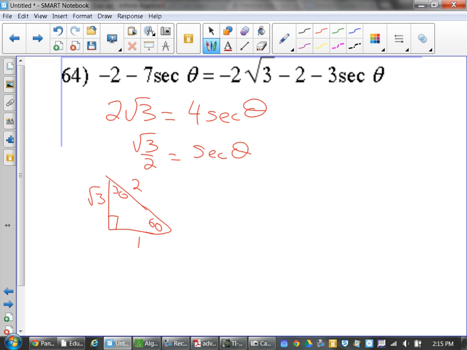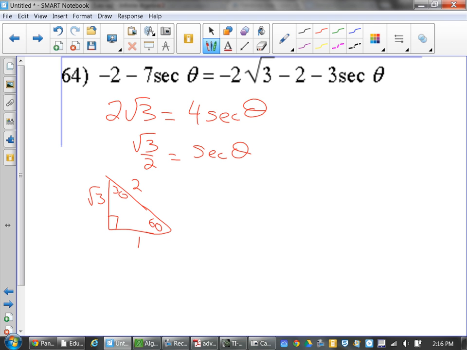Cosine. Did it really give me that? It doesn't work, because if you flip it upside down, the adjacent to cosine isn't 2. I think there's a typo, because it should have worked out the same as the other one where it was 2 root 3 over 3. It should have been cosine and not secant, right? Because that would be cosine.